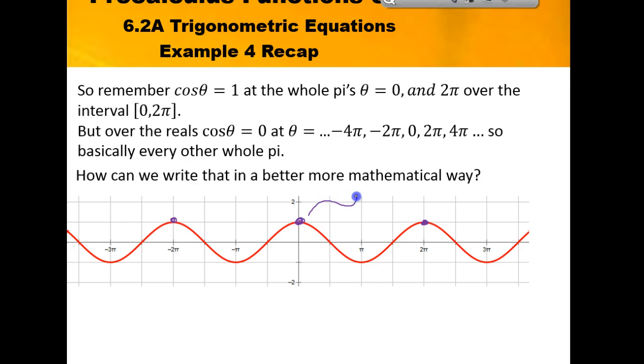So we need to know what this distance is here. Any guesses? It looks like 2 pi, right? So pi over 2, 2 pi over 2, 3 pi over 2, 4 pi over 2, which is 2 pi. So that distance is 2 pi. So it looks like it repeats itself every 2 pi.